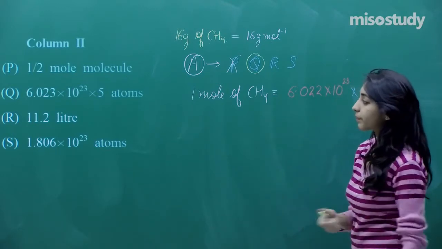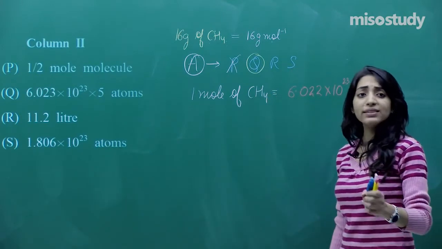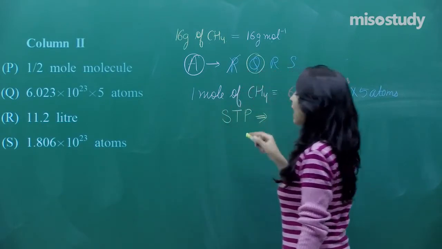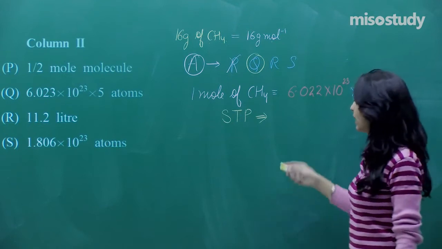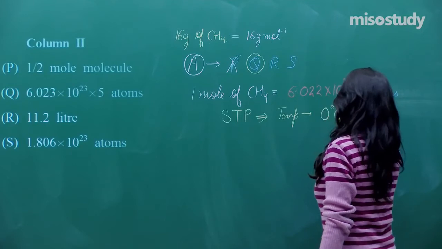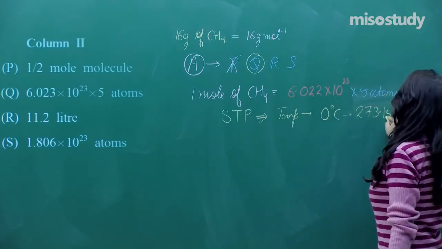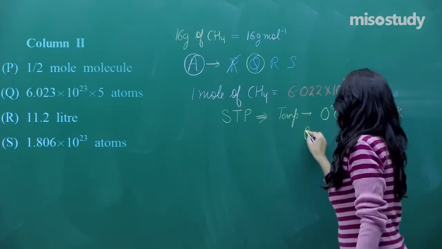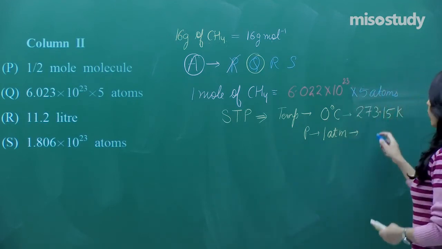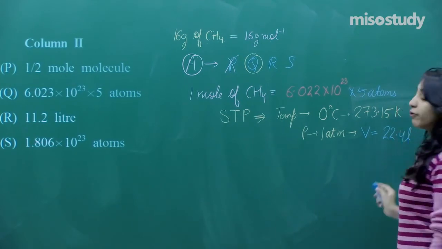Moving further, so here we have 11.2 liters. Guys, if I work at standard temperature pressure conditions that I told you in the last question as well, if the temperature is taken to be 0 degrees C, which is 273.15 Kelvin, and the pressure is taken to be 1 atm, then the volume is found to be 22.4 liters.